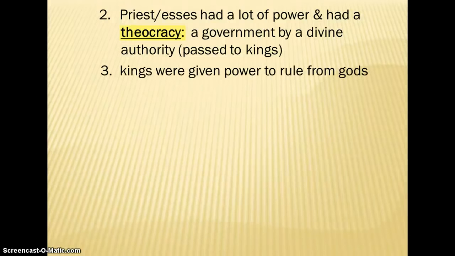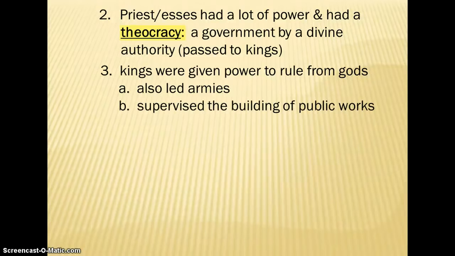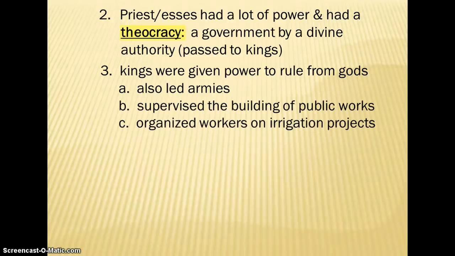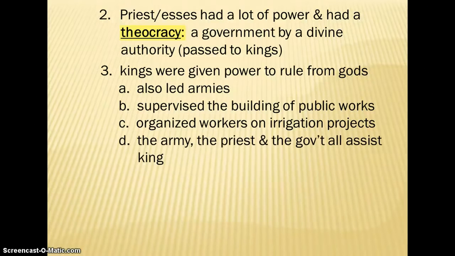Since the kings were given the power to rule from the gods, religion and government were closely connected. The kings also were in charge of the armies. They had to supervise building of ziggurats and other large public works, and they organized workers on irrigation projects. So the army, the priests, and all of the government assistants all assisted the king so that he could do his job.